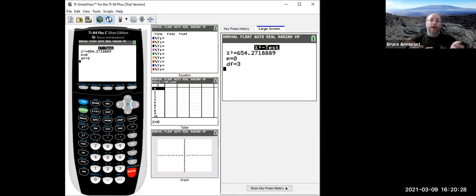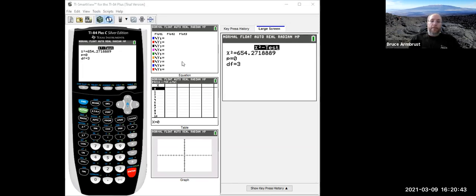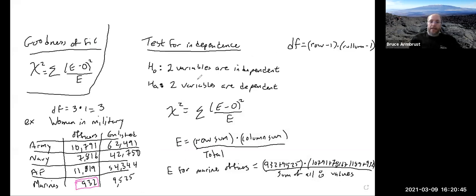Okay, so our null hypothesis, we are going to go ahead and reject the heck out of that because the p is less than alpha. So you may remember, let me go back to that screen just so you guys can see it again. The null hypothesis for a test of independence is that the variables are independent.